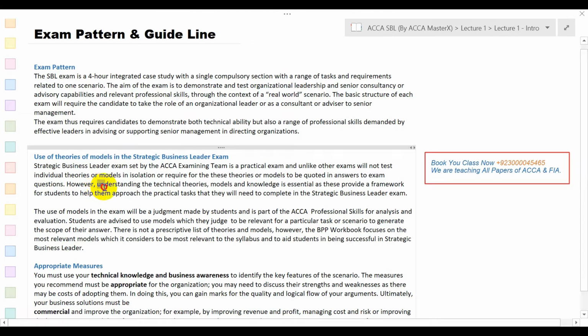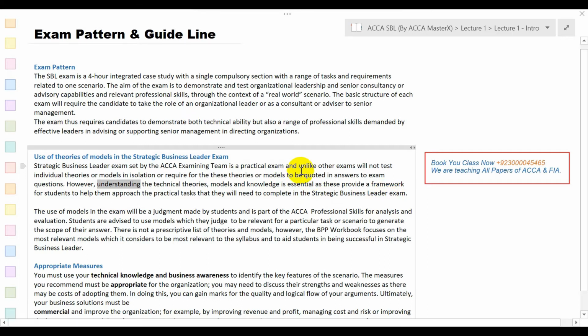Now I am jumping here. Understanding the technical theories, the theory that we will study in this course, and models, here models mean business models that we will study in this course, and knowledge is essential as these provide a framework for students to help them approach the practical task that they will need to complete in the exam.